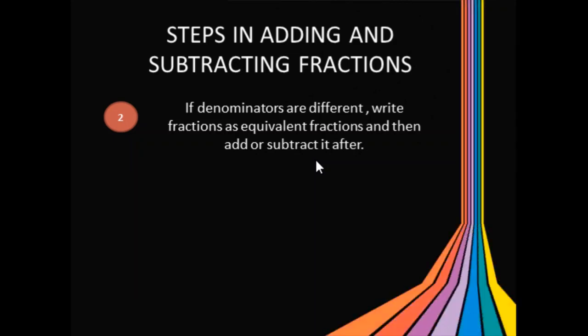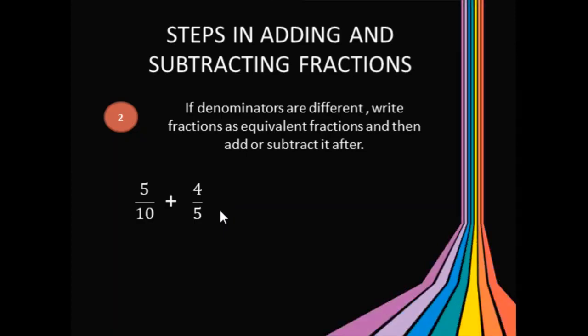This time, the case is our denominators are not the same with each other. For example, I have two fractions, 1/3 and 2/5. Okay? Our denominators are not the same because it's 3 and 5. So what happens now is we need to change first into equivalent fractions. So we need to find again their what? Their common denominator. So we need to find their GCF or the greatest common factor.